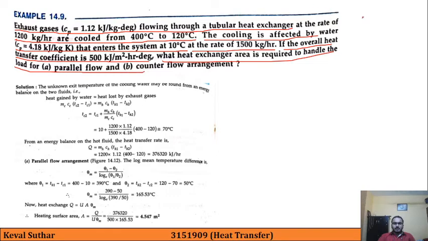So here we are given exhaust gases, so the hot fluid is... for the hot fluid, which things are we given? We are given Cp, the mass flow rate of the hot fluid, TH1, and TH2.